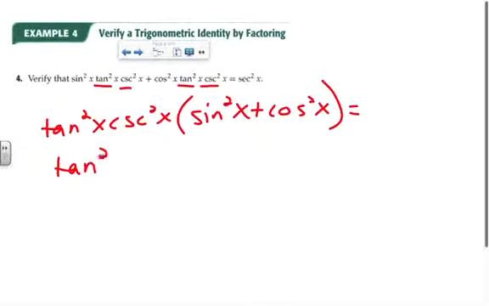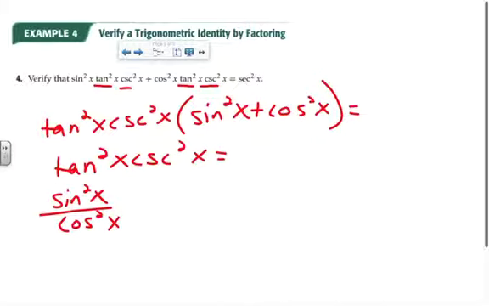So now I have tangent squared of x cosecant squared of x that I'm trying to verify is equal to secant squared of x. Well, at this point, let's change everything into sines and cosines. Tangent squared is sine squared of x over cosine squared of x.